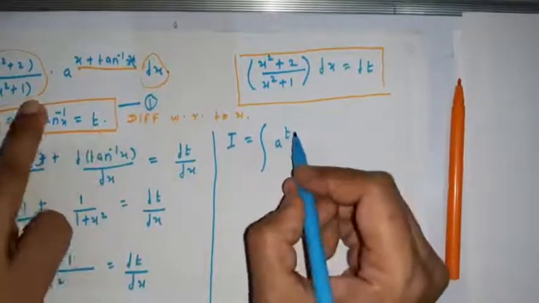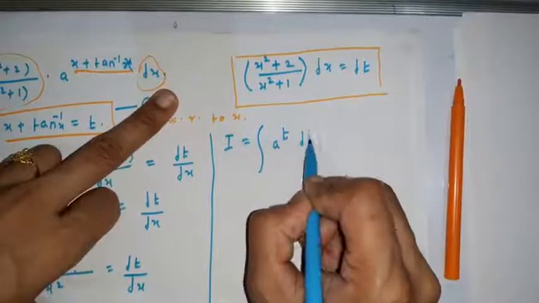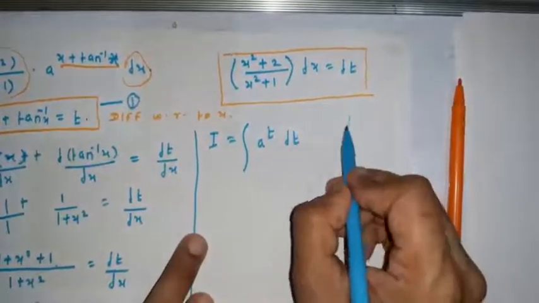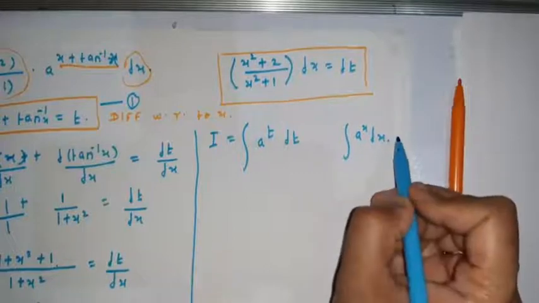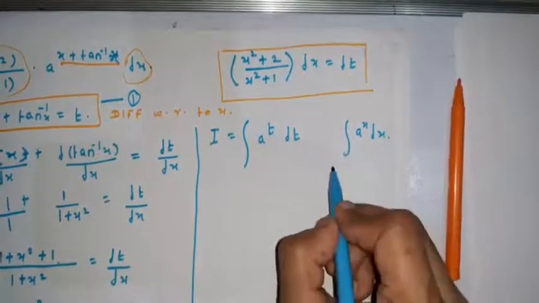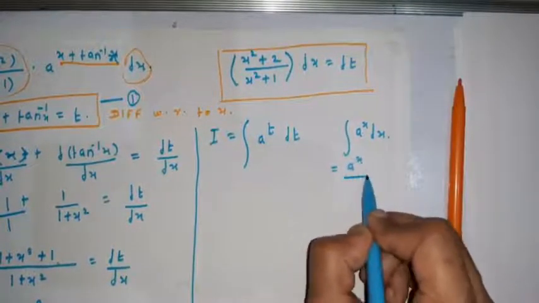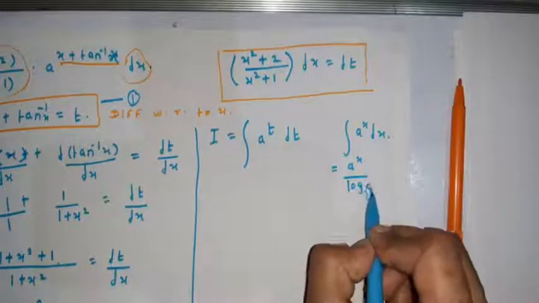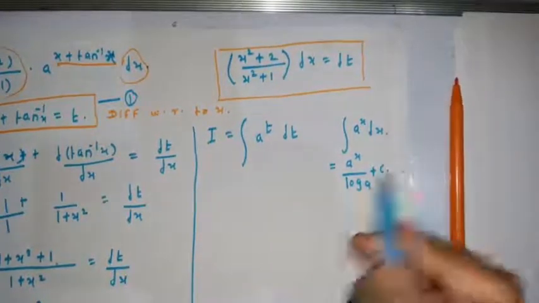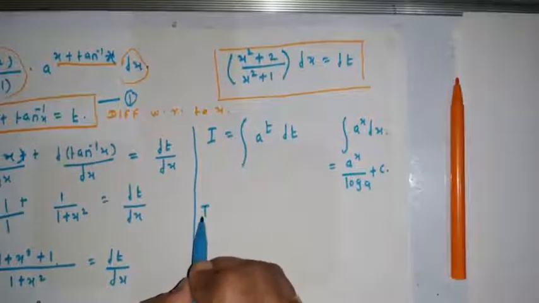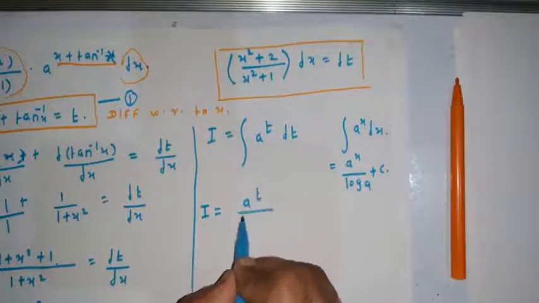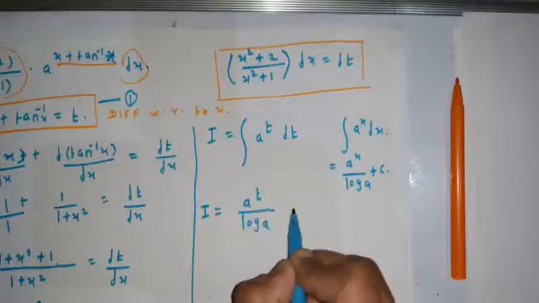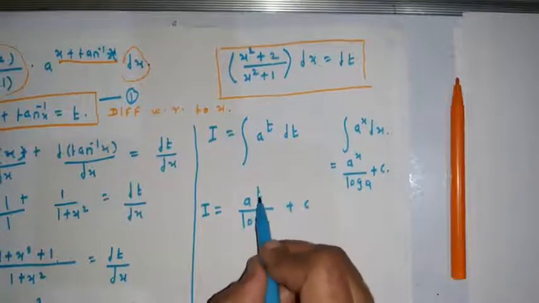Okay, a raised to t, and this value is dt. And we know that the integration of a raised to x is a raised to x upon log a plus constant of integration c, and hence here the integration of a raised to t is a raised to t upon log of a plus constant of integration c.